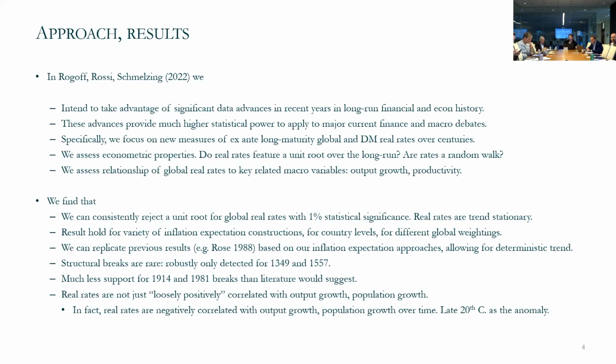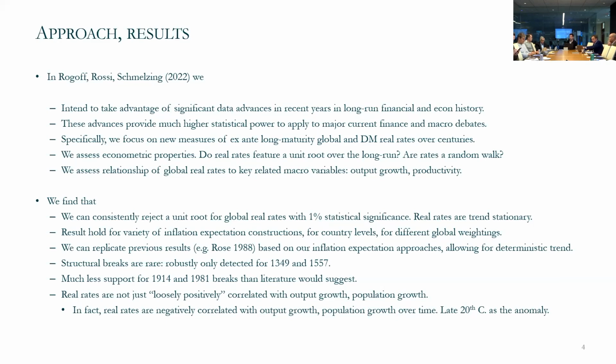However, we find that only really the Black Death in the 14th century and a major financial crisis that happened in the middle of the 16th century are robust inflection points in global capital markets. 1914, 1981, both pop up occasionally in individual country series.